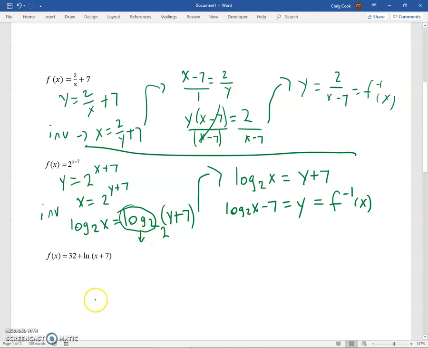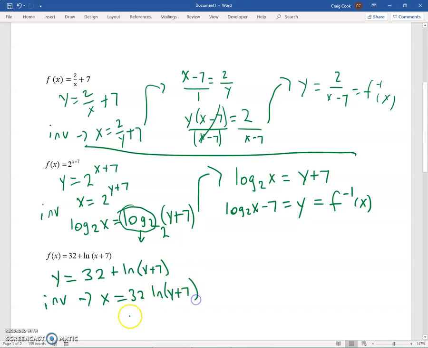Well, this one has a log in it, so I would imagine that with a log we may have to use an exponential to get rid of it. So we're going to rewrite it as y equals 32 ln x plus 7, and to find our inverse we're going to change it to x equals 32 ln y plus 7. Subtract 7.